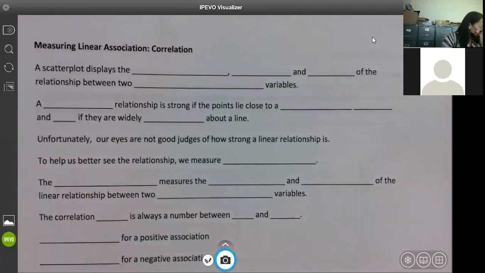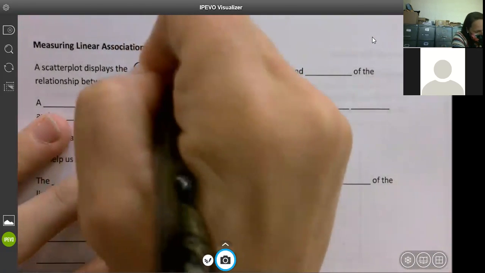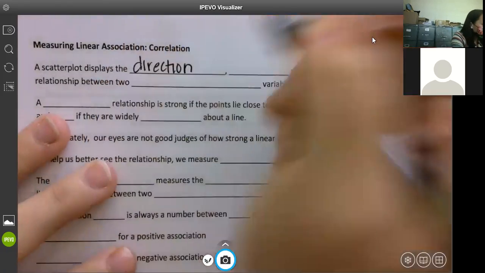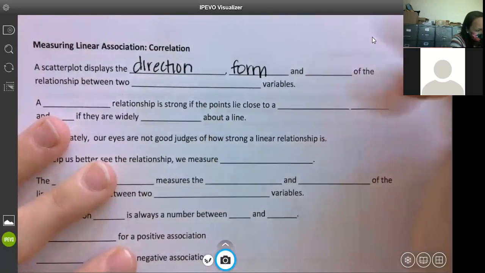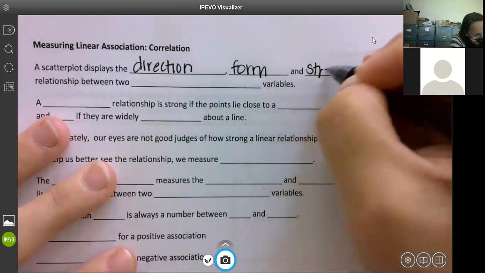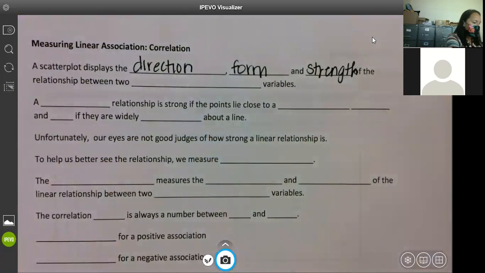All right. A scatter plot displays the direction, form, and strength of the relationship between two quantitative variables.